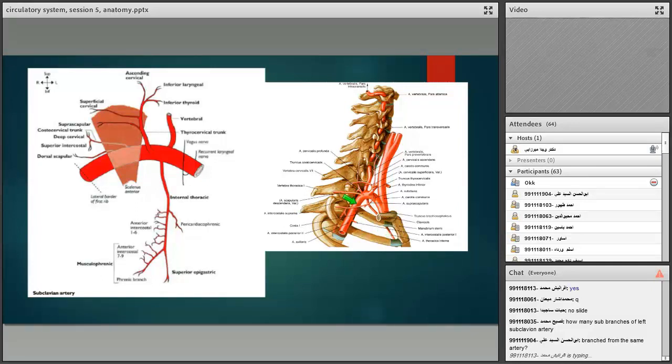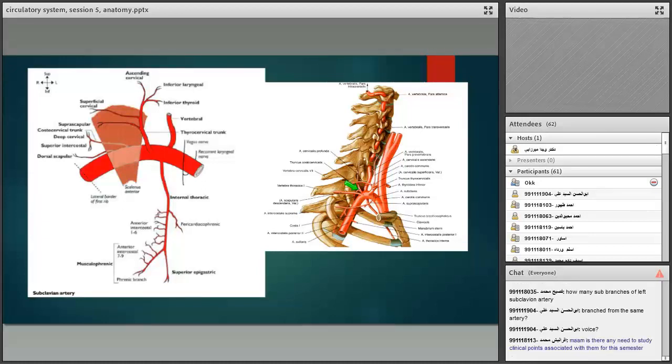Also, the subclavian artery has a branch with the name of, yes? The other branch of the subclavian artery is the costocervical trunk. Look at here, costocervical trunk.